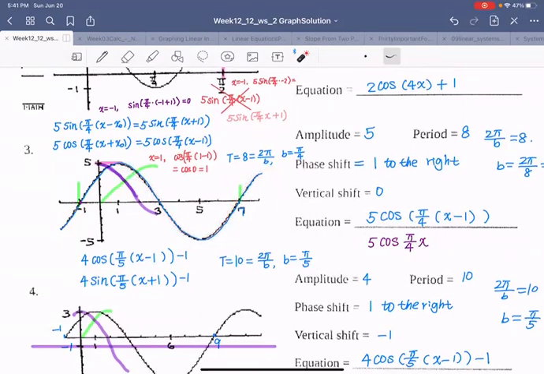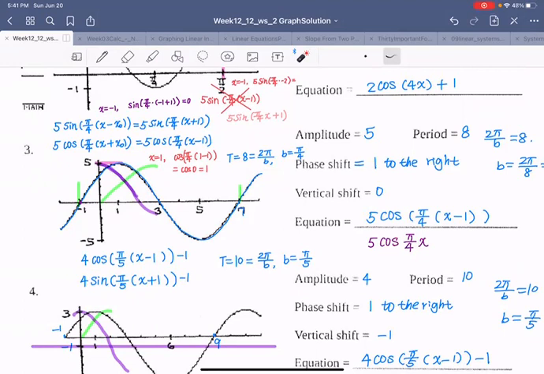What will happen compared to this purple one? Your blue one shifts to the right by a unit of 1. You have a horizontal shift to the right. In algebra 1, algebra 2, we all learned about horizontal shift.